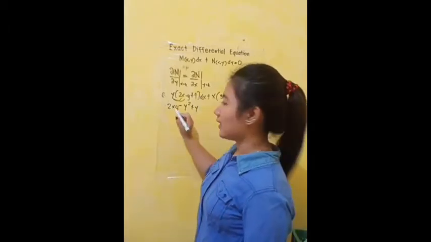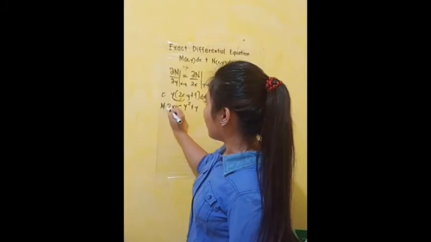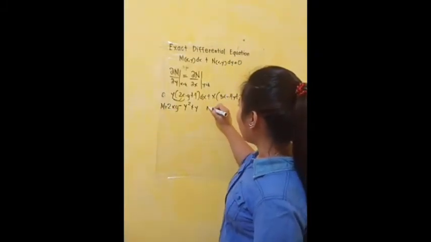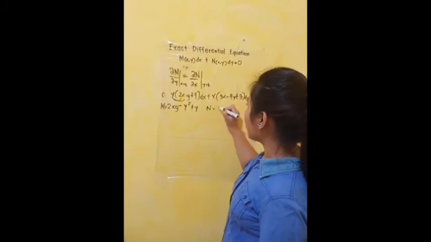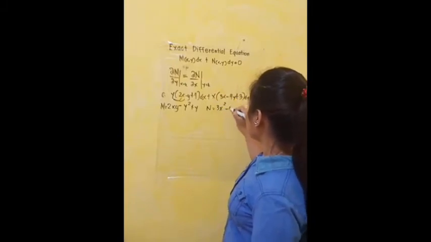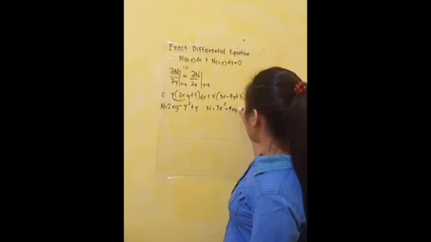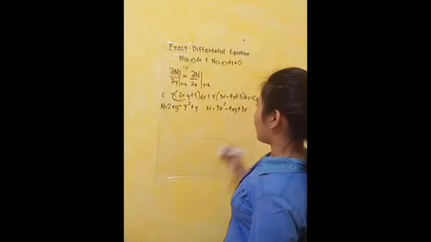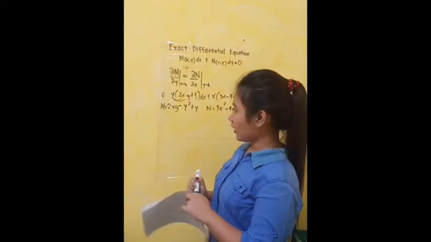Tapos, ito na rin yung gagawin nating M. Dito naman ay yung N natin, distribute natin tong x, magiging 3x squared minus 4xy plus 3x.